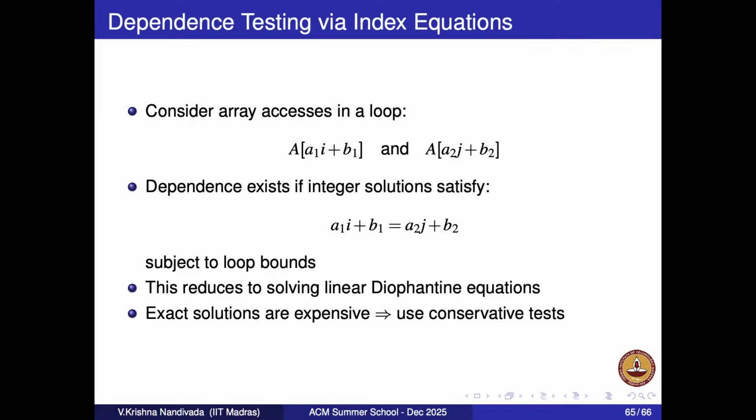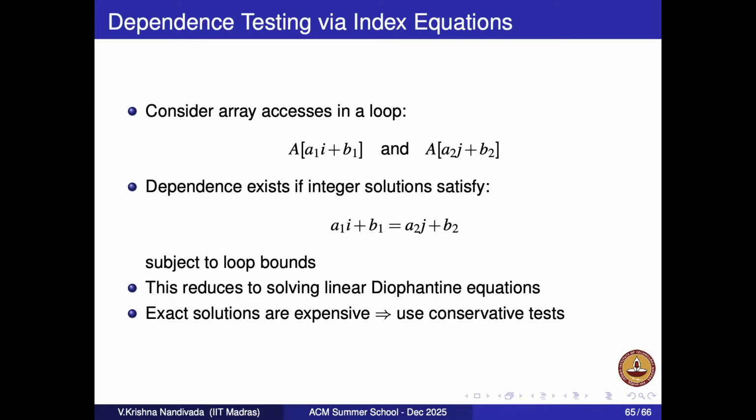How do we compute dependence? Let's say I have an array A which is accessed, let's say I, J are my index variables, I is the current index. Let's say A is accessed like this. A1, B1 are constants: A1 I plus B1.